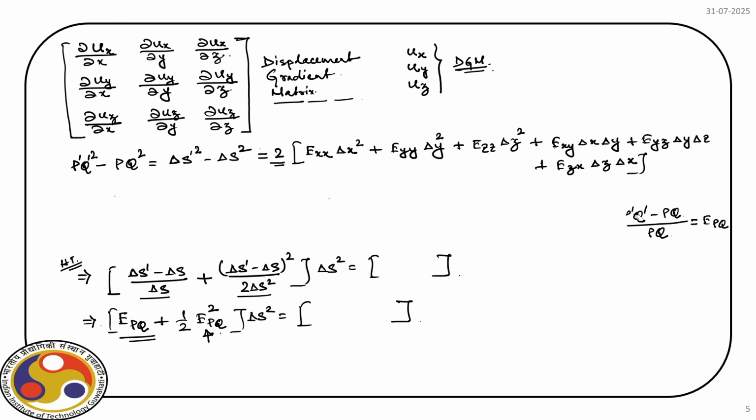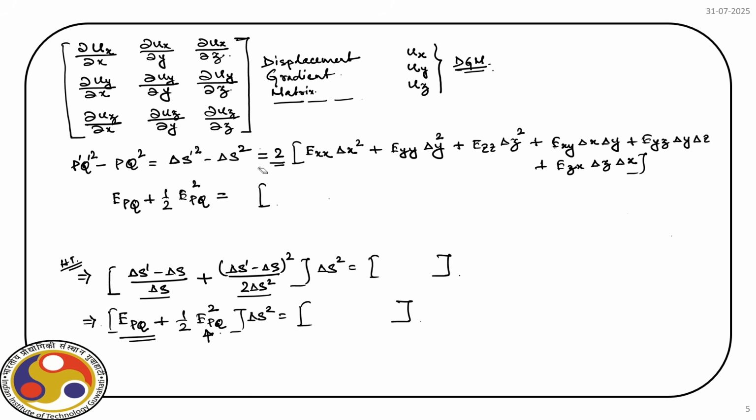What we will do, we will take that delta s square on the right hand side, and we can write E of pq plus half E of pq square is equal to... sorry, that 2 will not be there, because at the first step we have taken this on the left hand side, that is how we derived.